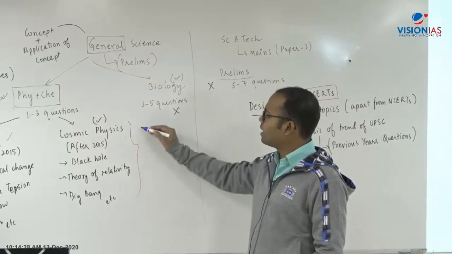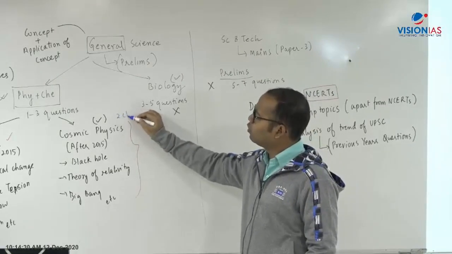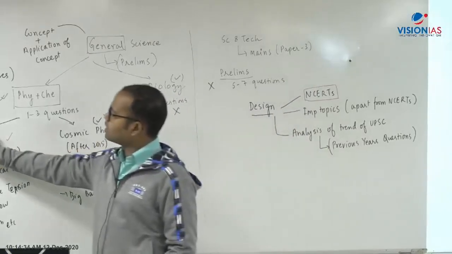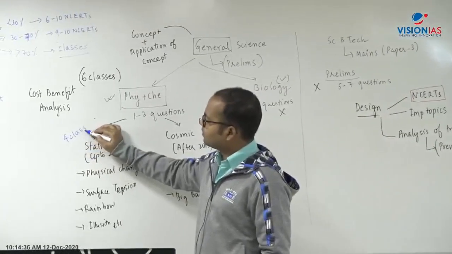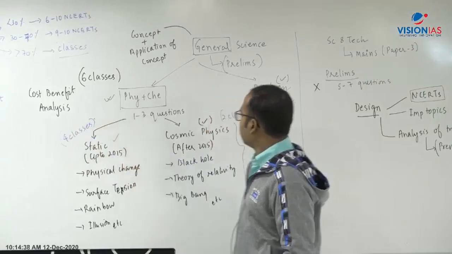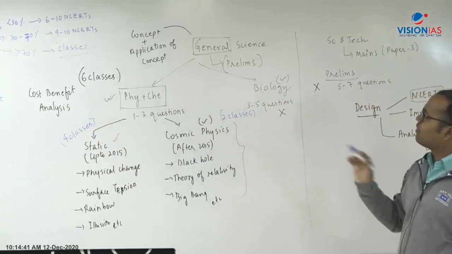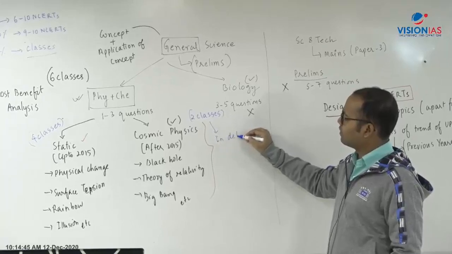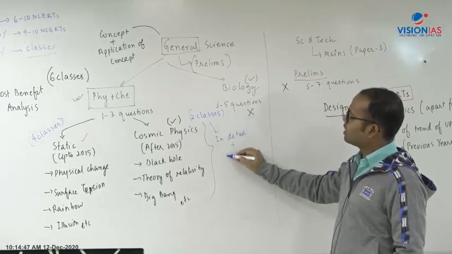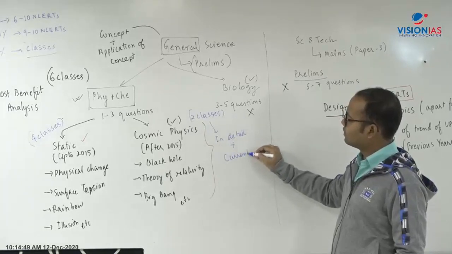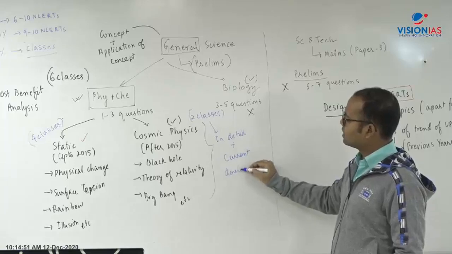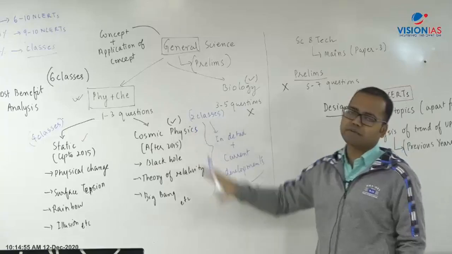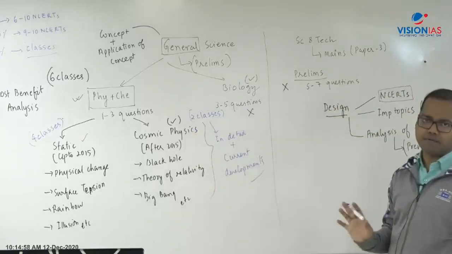So I would say, because we are giving 2 classes for cosmic physics and 4 classes for the static portion, within 2 classes I will be covering the entire cosmic physics in detail. It will be covered in class itself. You just have to keep yourself updated with current developments. Rest everything about cosmic physics will be done in class. You need not worry for that. Okay?